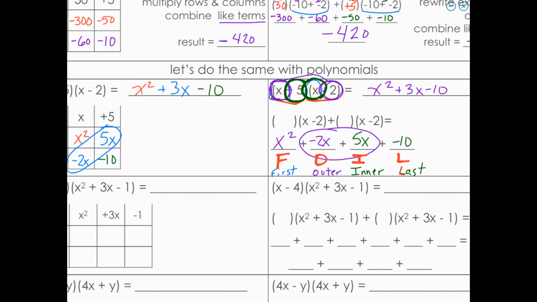Last. Okay, so that is the last one in the parentheses. So 5 and negative 2. And that is what this colored handout, this little half sheet that I gave you, talks about: the FOIL method.